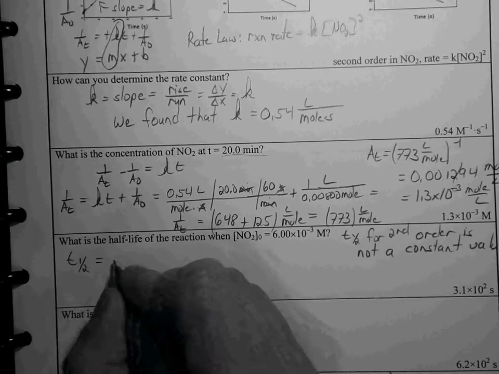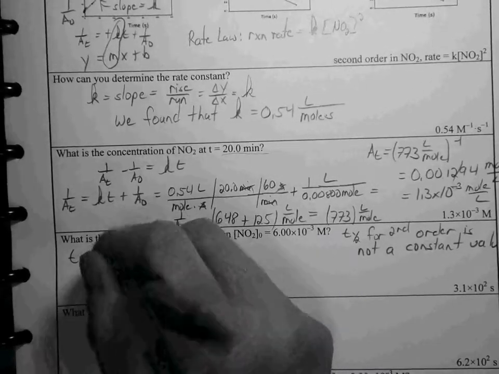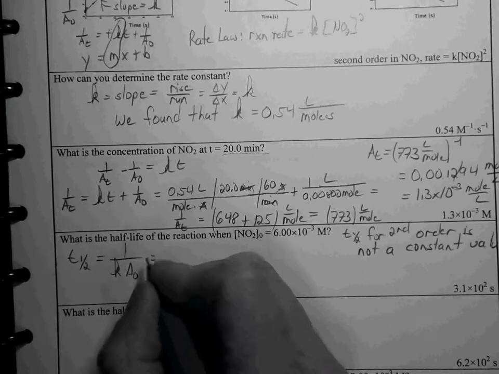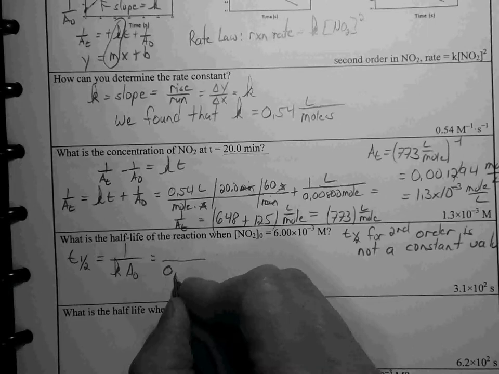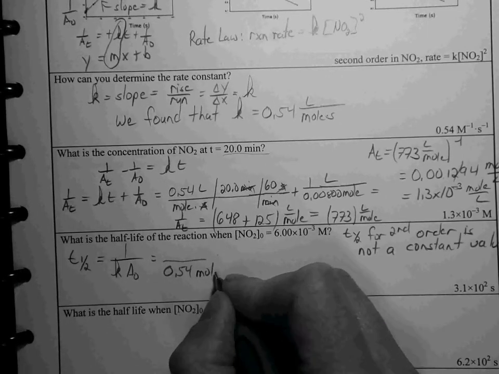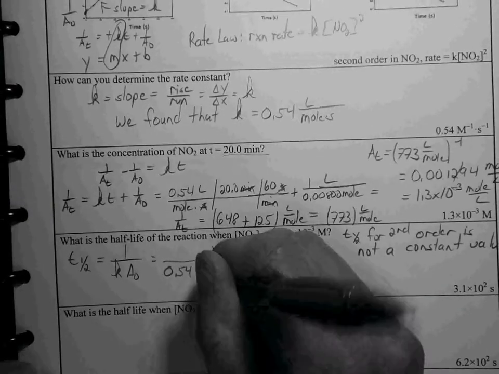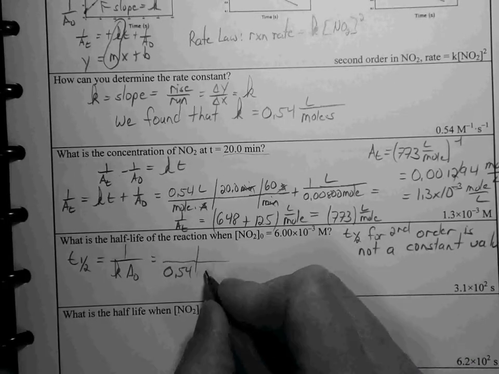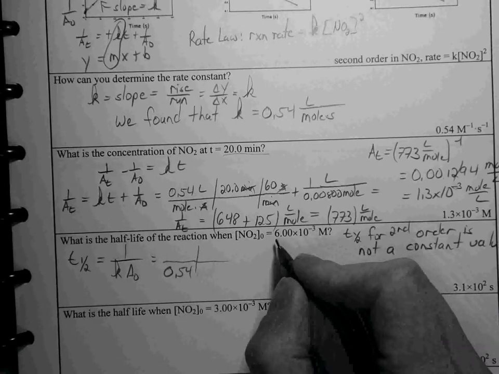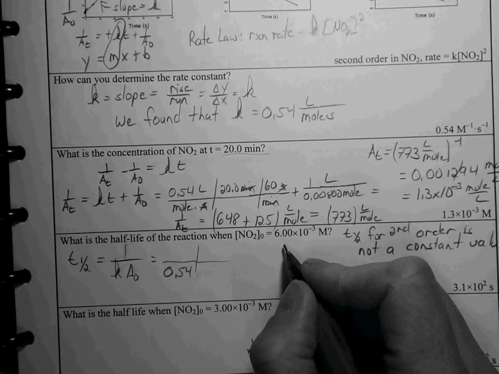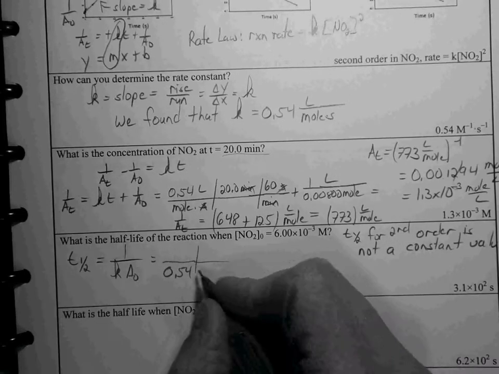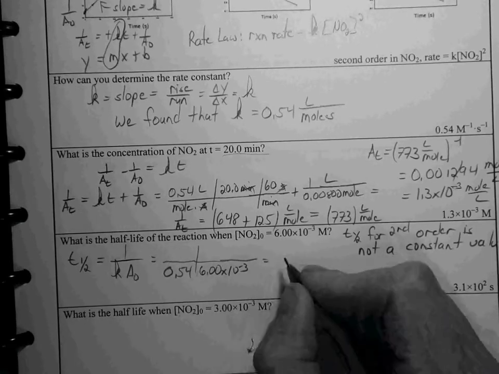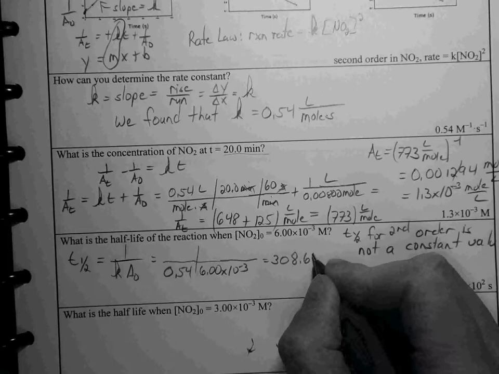So t1/2 is equal to the reciprocal value of k times [A]0. k is 0.54, and [A]0 is 8.00 times 10 to the minus 3, and this equals 308.64 seconds.